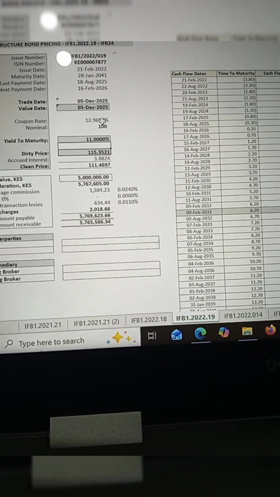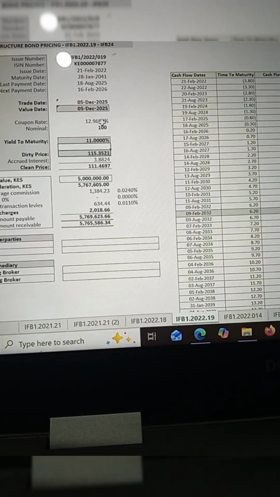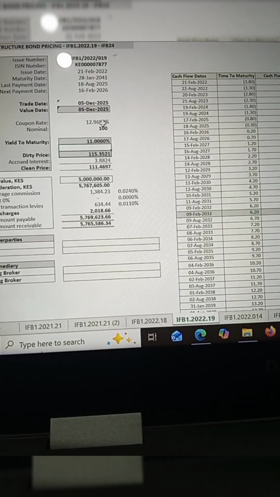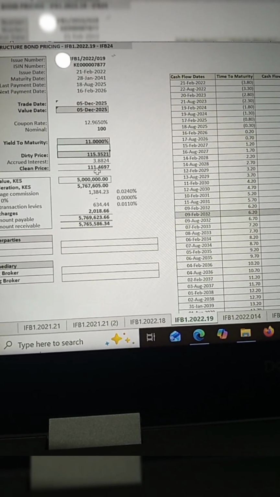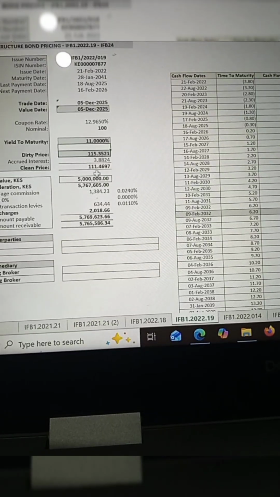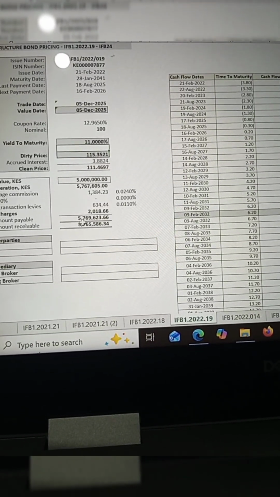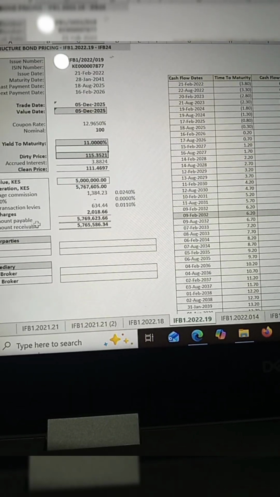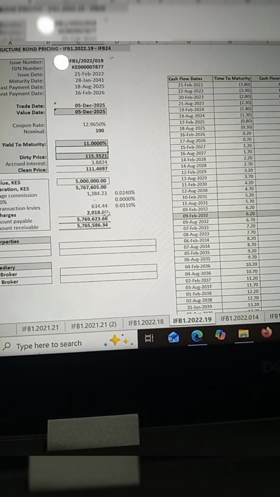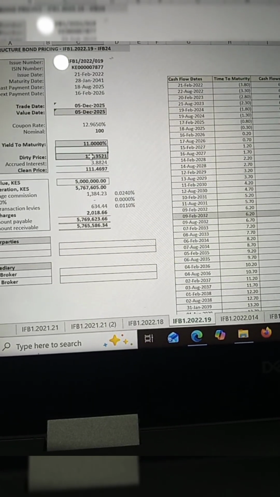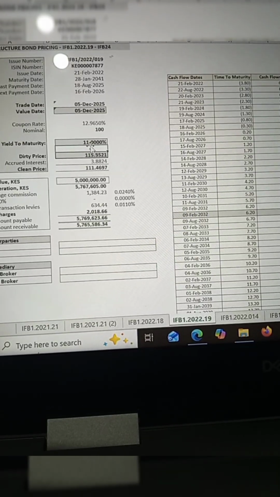So you're getting a better deal than what is available in the market. This means you will pay a premium for this bond, and in this case it will come to about 5.769. As you can see, the net payable has changed. Previously it was at a discount when it was at 15%, but at 11 it's coming to 5.7.